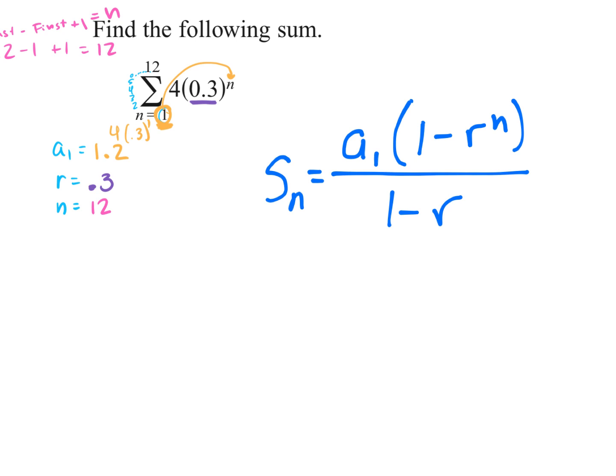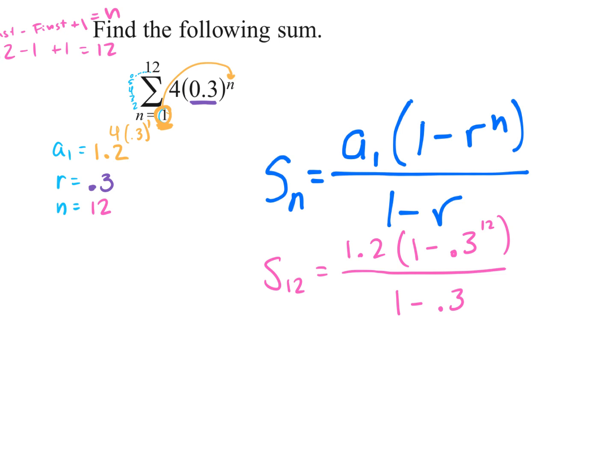Okay, so let's plug in everything we have. So s sub 12, the sum of our 12 terms here, is 1.2 times 1 minus 0.3 to the power of 12 over 1 minus 0.3.